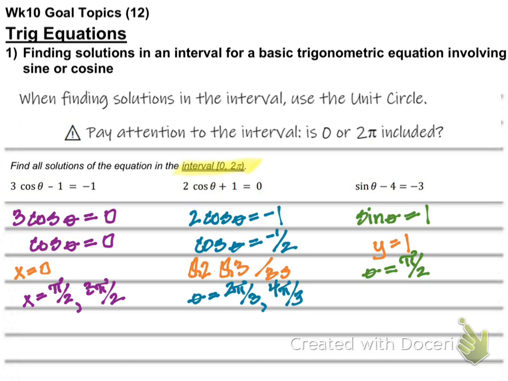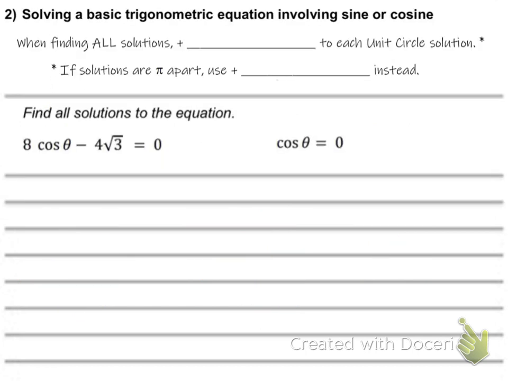So now we're going to do the same thing, except our instructions are going to change just a little bit. Here, my instructions are going to say find all solutions to the equation. Those last instructions said to find the solution in the interval, okay?